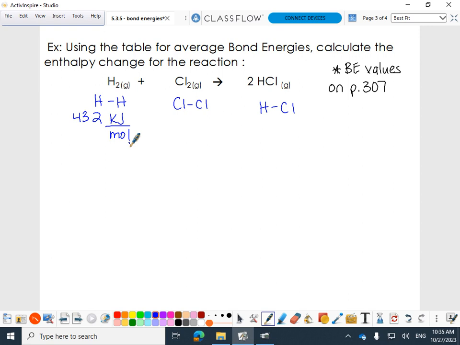Okay, so just watch out for that. And then ClCl is, there it is, 239. And then HCl is 427.